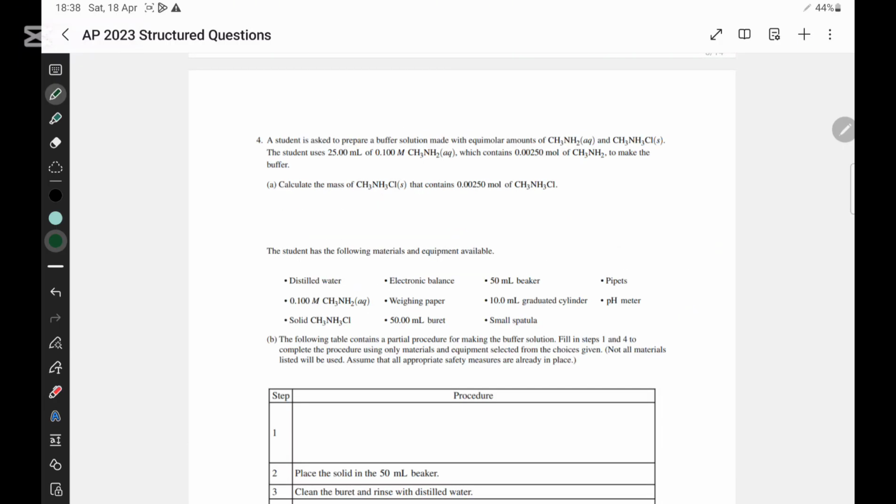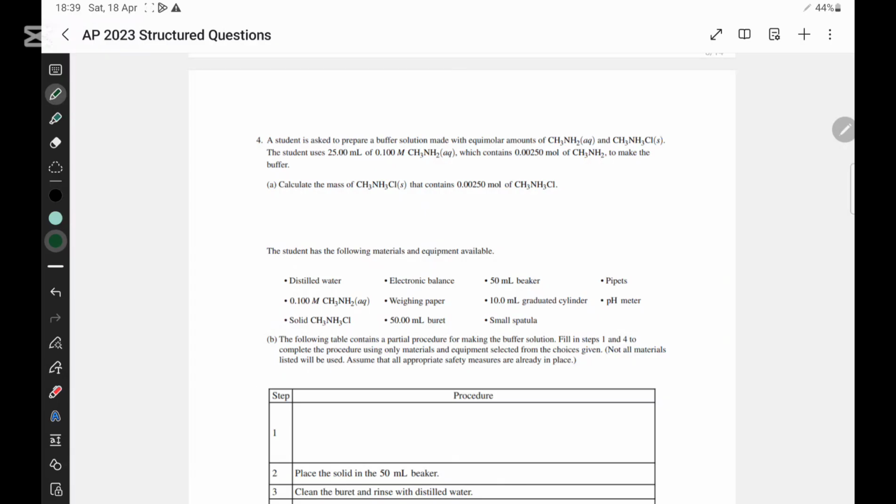So the next question says a student is asked to prepare a buffer solution made with equimolar amounts of CH3NH2 and CH3NH3Cl. The student uses 25 milliliter of 0.1 molar CH3NH2, and now they are asking us to calculate the mass of CH3NH3Cl that contains 0.00250 mole of CH3NH3Cl.